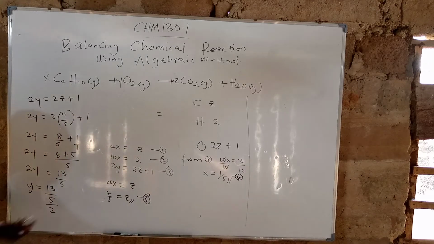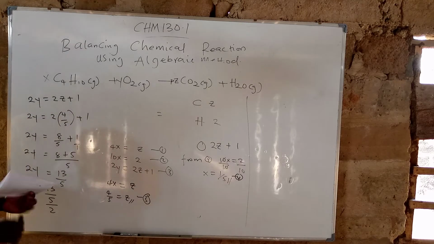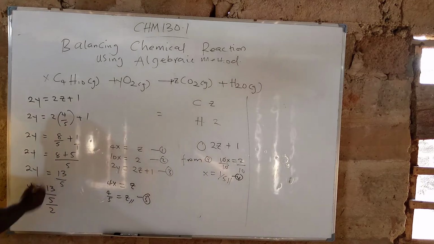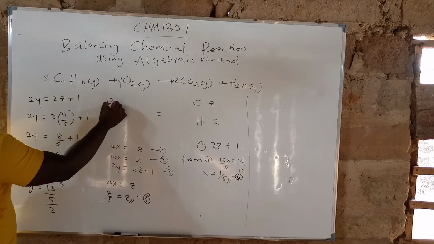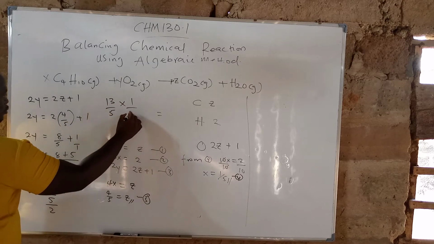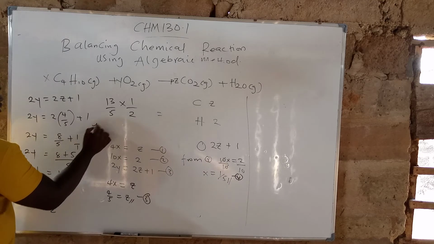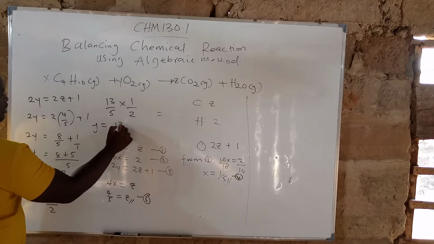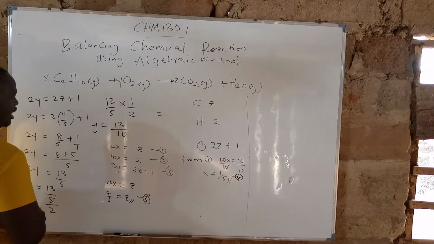By using the principle of keep, change, flip, don't worry about that, that is a mathematical aspect in algebra. Meaning you keep this, you change the sign and flip this one. So what you get is 13 all over 5 times 1 all over 2. So y will now be 13 divided by 10.